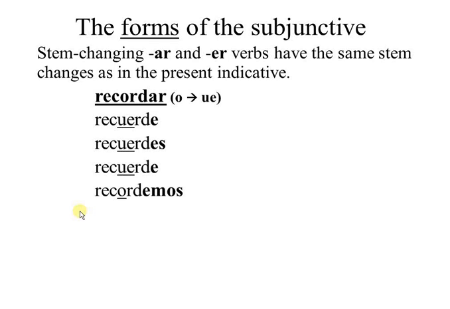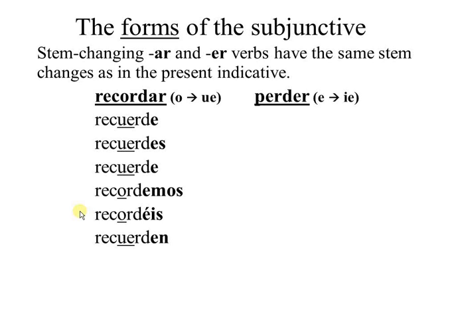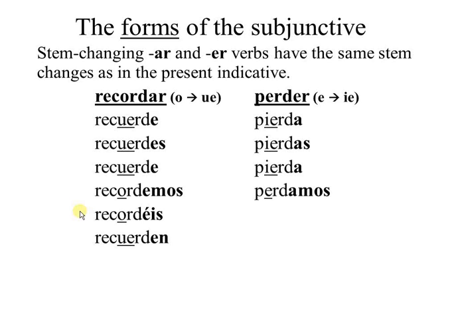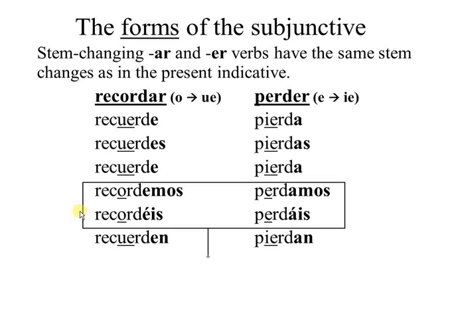Remember, we don't change the stem in the nosotros form. Recordéis, vosotros, recuerden. Perder, to lose. Ojalá que pierda, ojalá que tú pierdas, ojalá que él pierda, ojalá que nosotros perdamos, we don't change the nosotros, ojalá que vosotros perdáis, ojalá que ellos, ellas, ustedes pierdan.